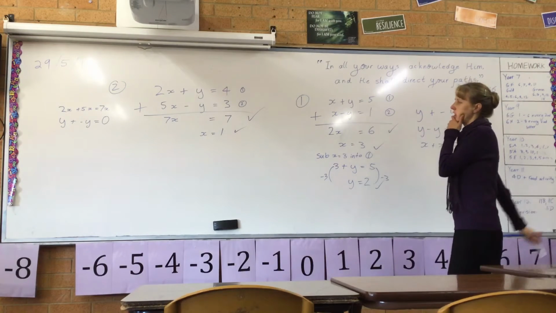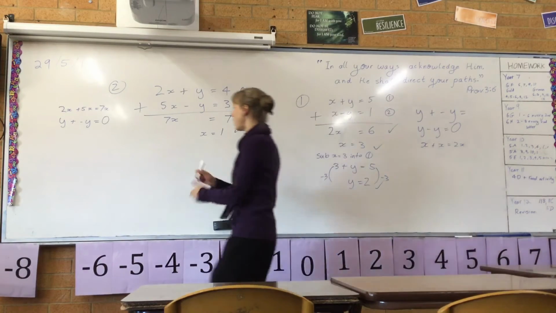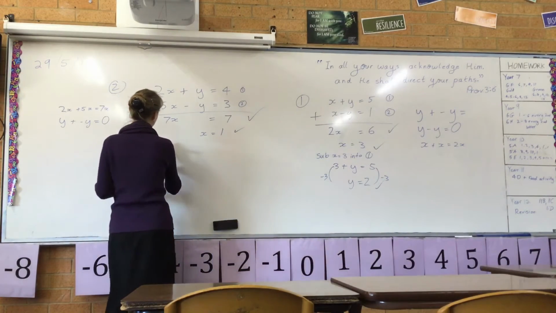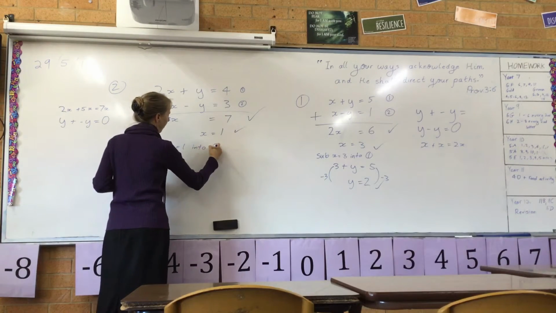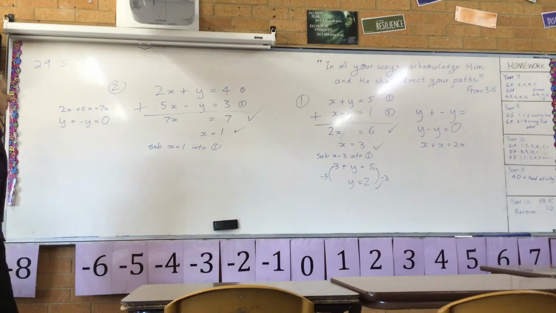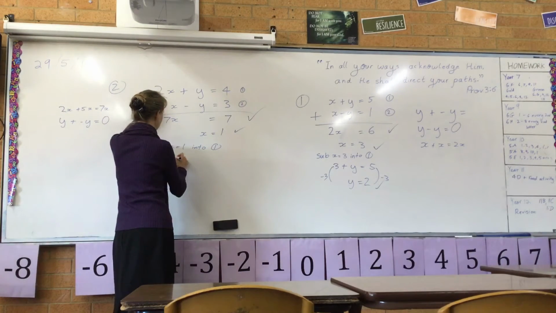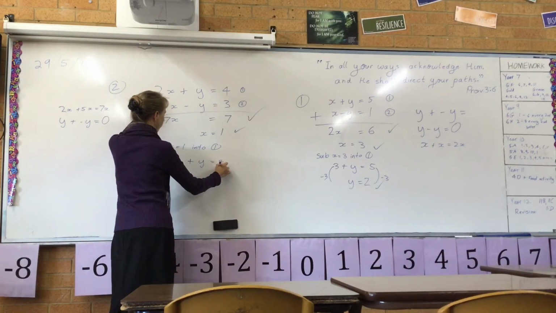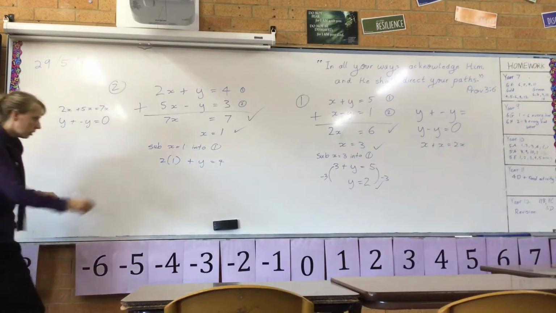Which one looks easiest this time, 1 or 2? 1. Okay, let's do it. I don't care which one, both are going to work. Sub x equals 1 into equation 1. So where I see x, I'm going to write 1. So that's 2 times 1 plus y equals 4. What's 2 times 1? 2.